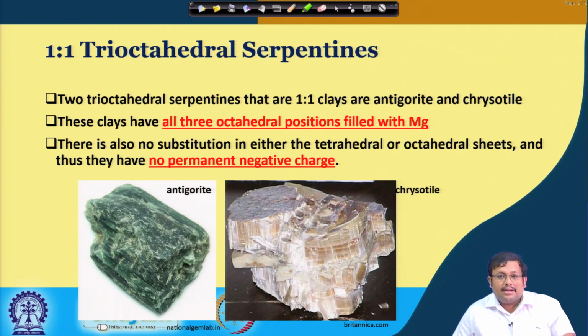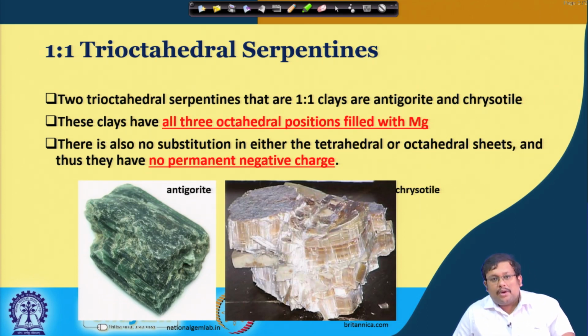There is no substitution in either the tetrahedral or octahedral sheet, and thus they have no permanent negative charge. The permanent negative charge always develops due to isomorphous substitution. Where there is no isomorphous substitution, just like in kaolinite, there will be no negative charge development.